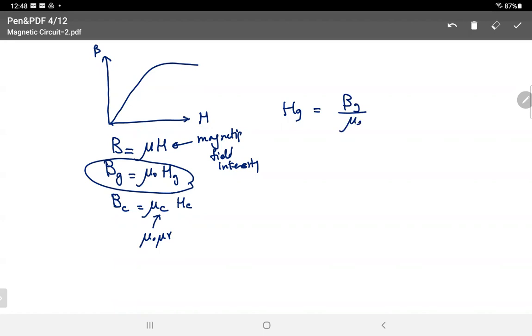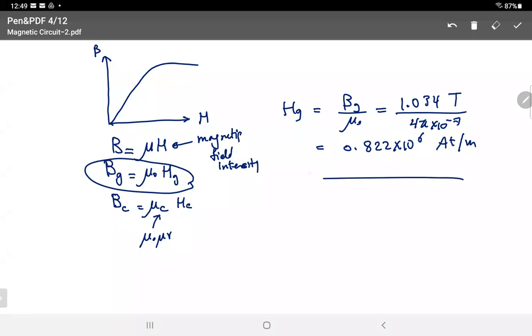And Bg, we just got it in part B. It was 1.034 Tesla. And mu naught, as you know, is 4 pi times 10 to the power negative 7. We get 0.822 times 10 to the power 6 ampere turns per meter. So that will be the magnetic field intensity.